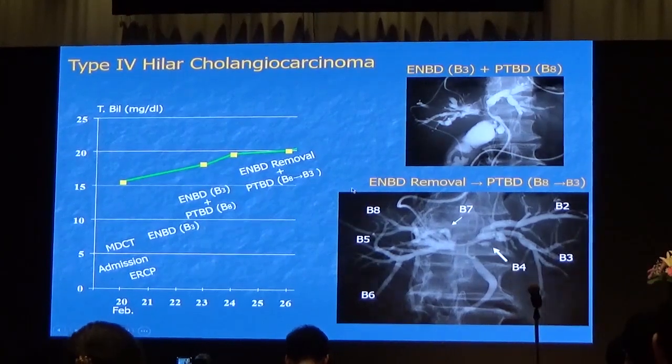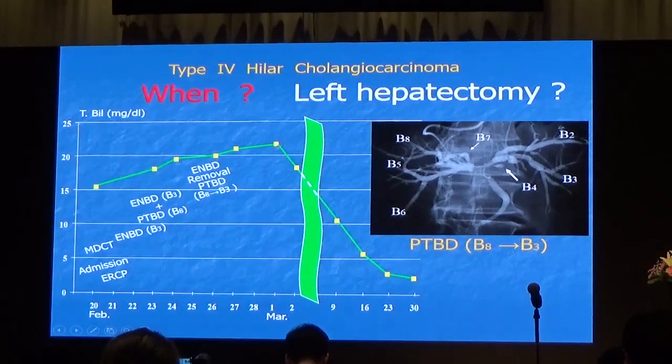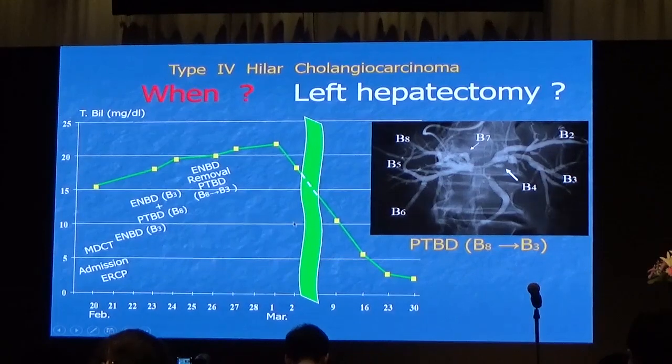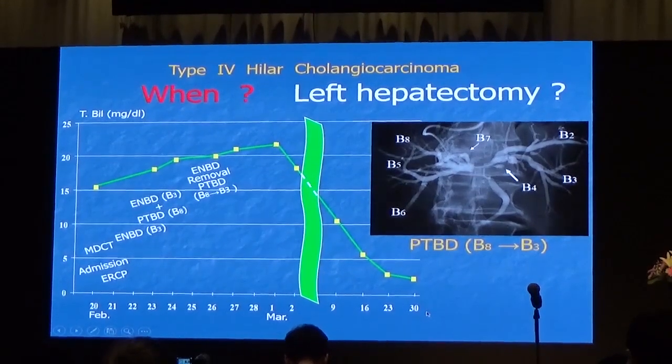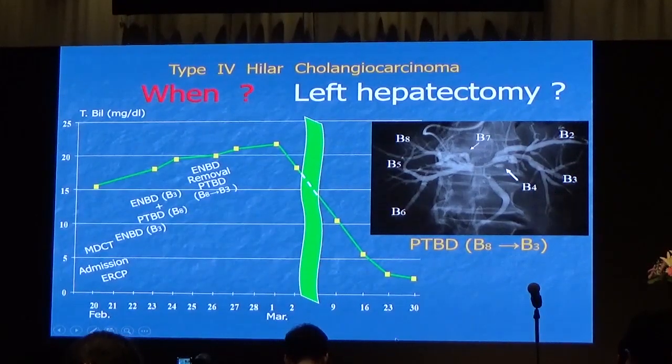After that, serum bilirubin level gradually decreased. It took 1 month, from May 1st to May 30th. Bilirubin level gradually declined to around 3. Now we are ready to perform hepatectomy.